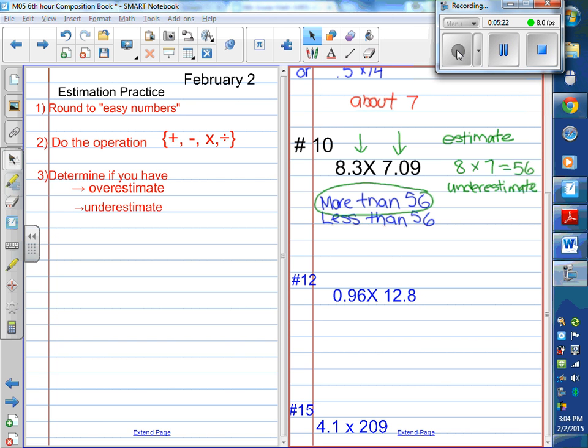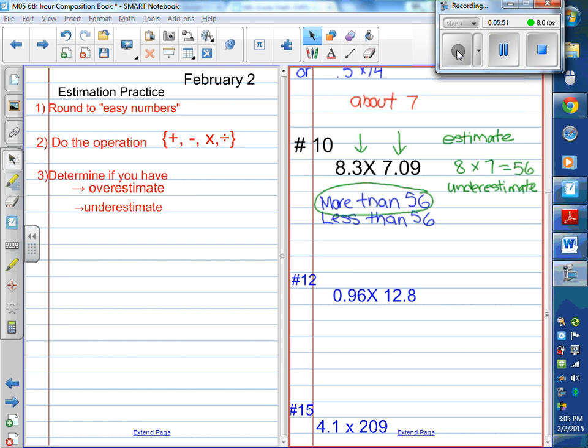Overestimating is a good thing to do when you go shopping, because then you know whether you have enough money or not. Sometimes underestimating is a good thing to do. I'm trying to think, underestimating might be good when you are seeing if... I have to think of a good example.